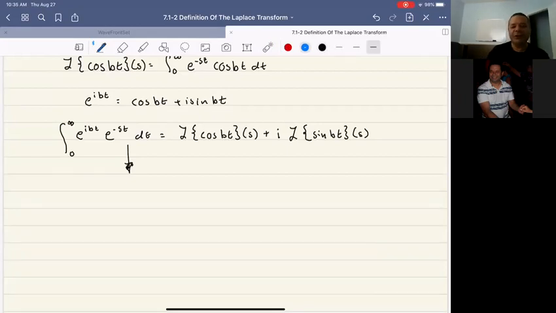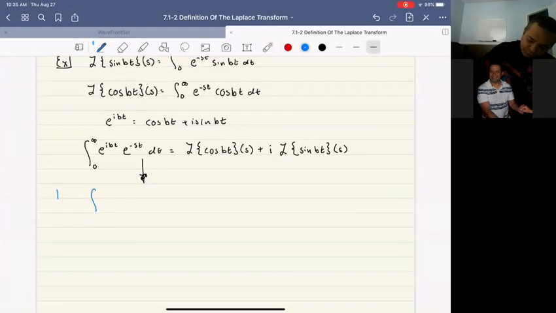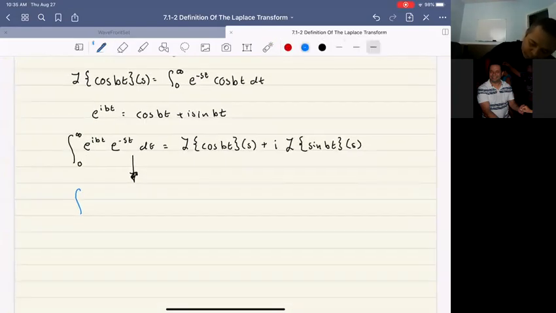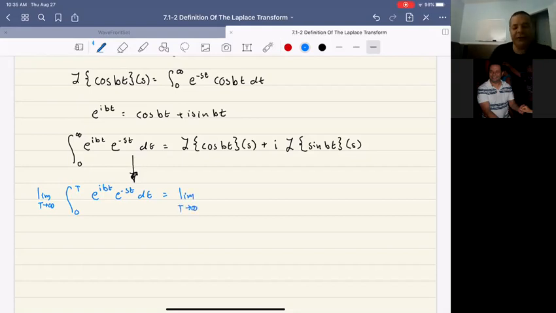So we're going to take this integral. This is the limit as t goes to infinity of the integral from 0 to t of e to the ibt times e to the negative st dt, which equals the limit as t goes to infinity of the integral from 0 to t.